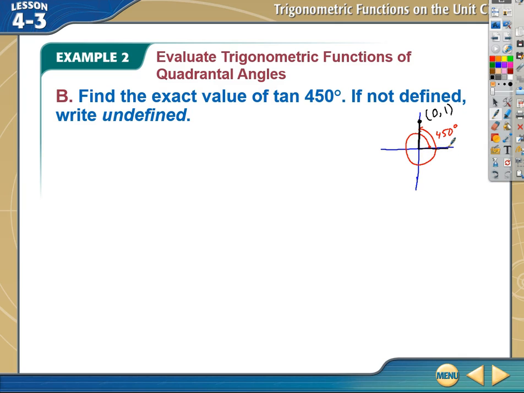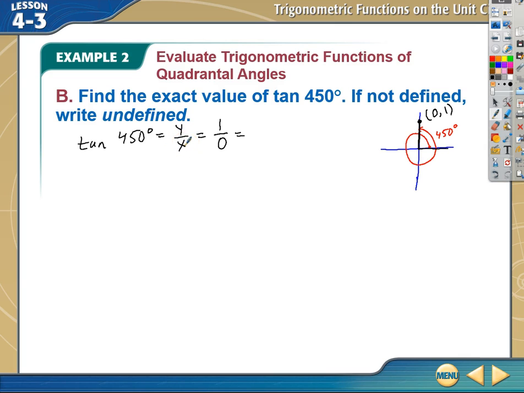I want to find tangent of 450 degrees. Well, again, what's tangent? Tangent's going to be y over x. When I get to y over x, I go ahead and plug this in. 1 over 0. Where did I get that y over x?